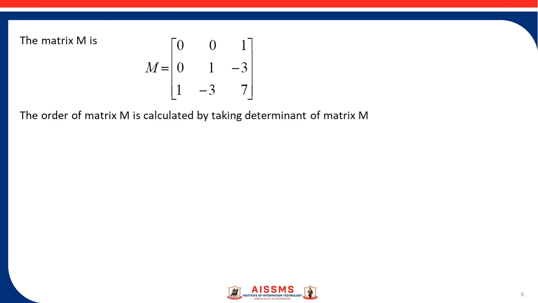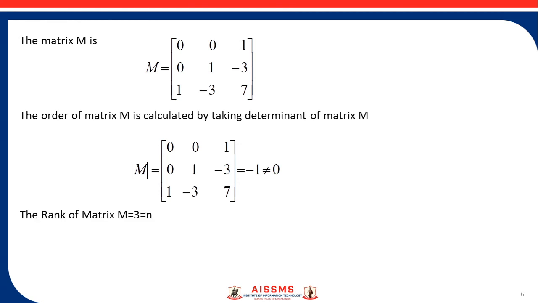The rank of matrix M can be found by taking the determinant of matrix M. To find the rank, we must know the determinant of M, which is equal to -1, that is not equal to 0. So here the rank of matrix M is equal to 3, exactly equal to the value of n. So we can say that the system is completely state controllable.